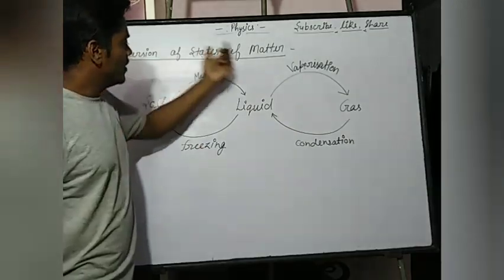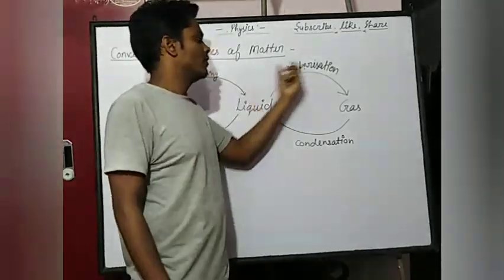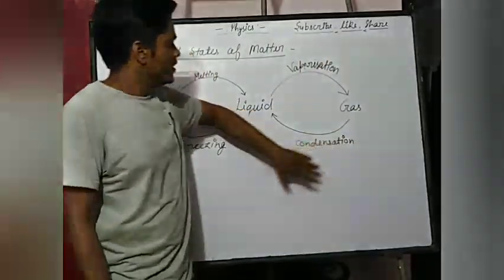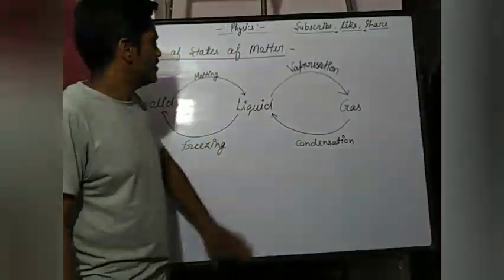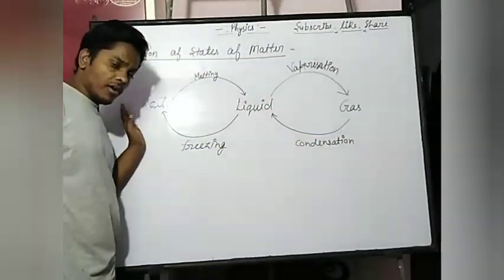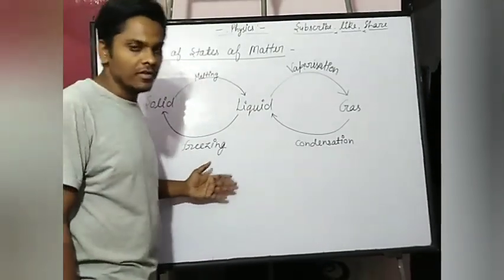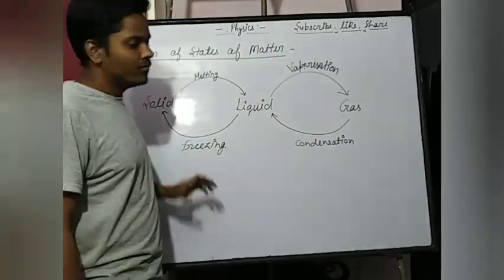So solid gets converted into liquid by the process of melting, and liquid gets converted into gas by the process of vaporization. Gas is converted into liquid by the process of condensation, and liquid is converted into solid by the process of freezing. Okay, so melting, vaporization, condensation, and freezing.